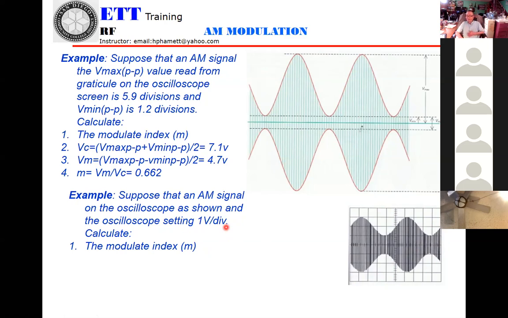Try to say what you get for the modulation index M. If you get the answer, let me know. 0.5.